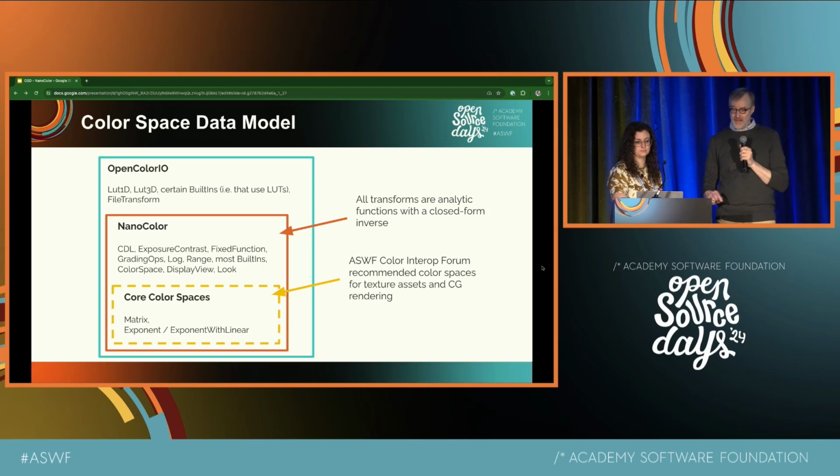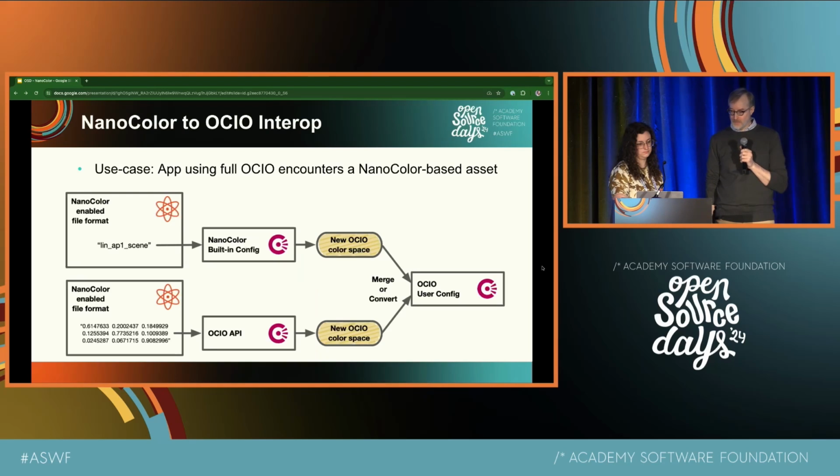And then within that box, there's a couple of specific transforms, matrix and exponent transforms, which are the ones that are needed to implement the ASWF color interop forum list. So we're calling out those specially because they're especially relevant for use as custom color spaces.